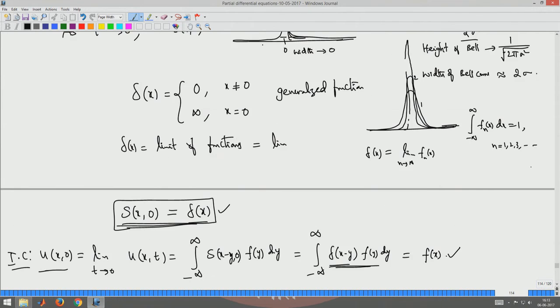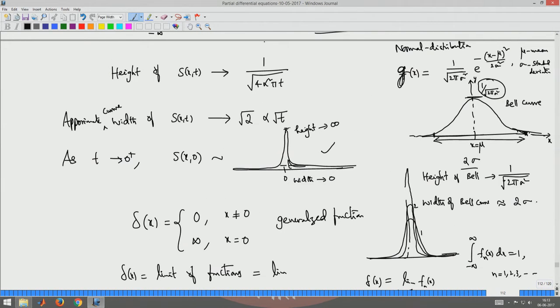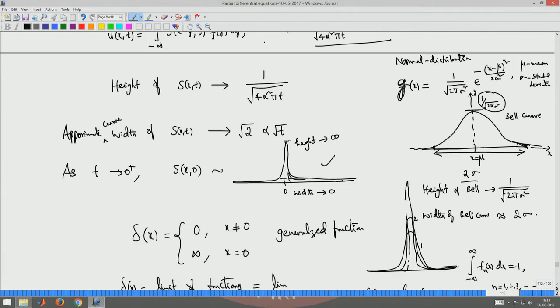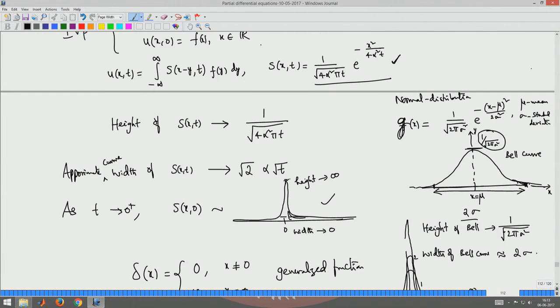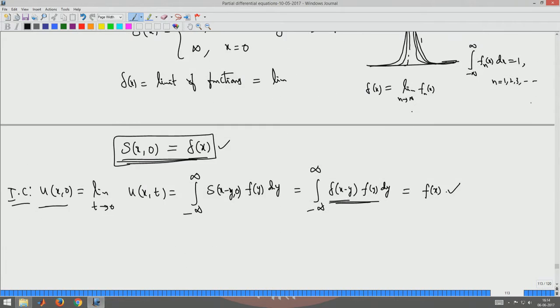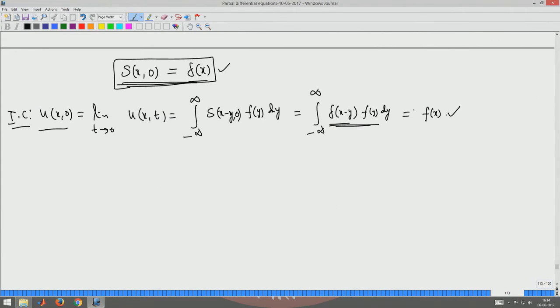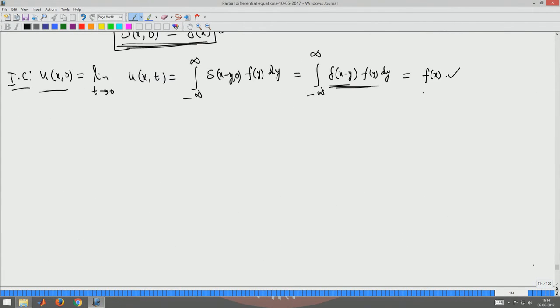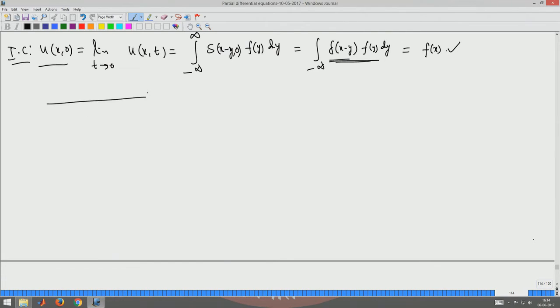So you have a bell curve, as t goes to 0, your solution that involves S of x, t looks like a bell curve. As t goes to 0, it behaves like those kinds of curves that finally, eventually, converge to the delta function. So we make use of this interpretation to finally solve certain boundary value problems.